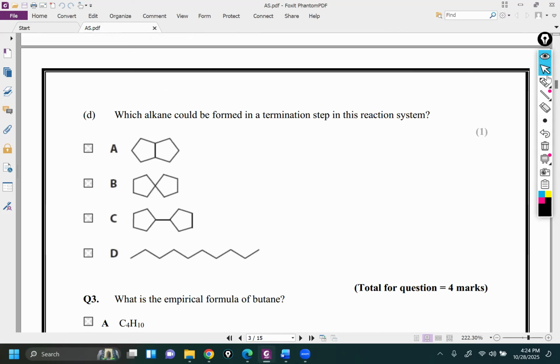Part D, which alkane could be formed in the termination step in this reaction? So if you remember, we studied that it was cyclopentane.